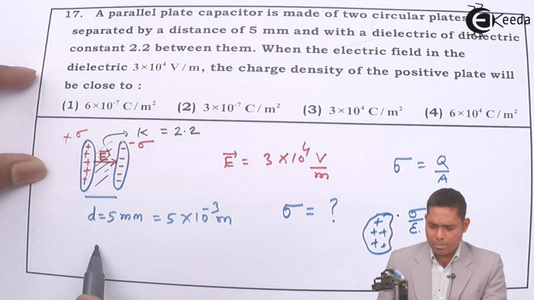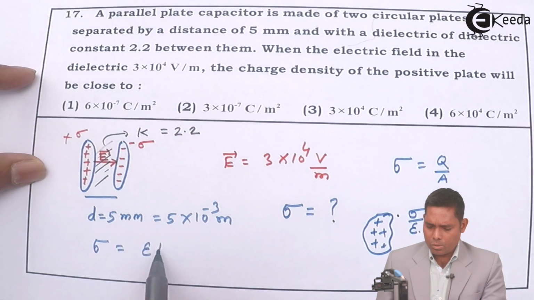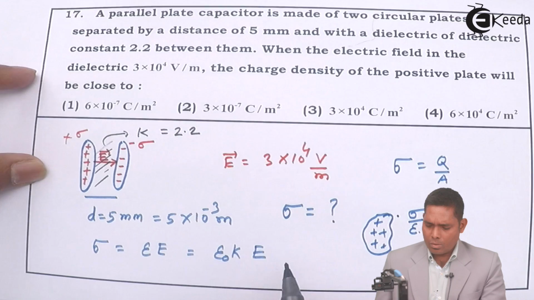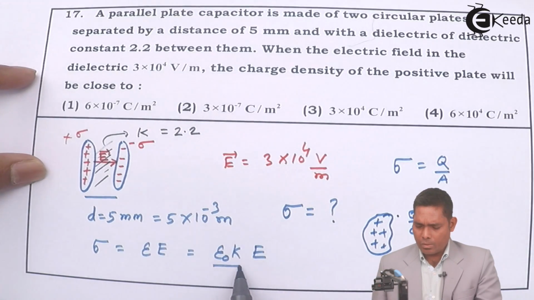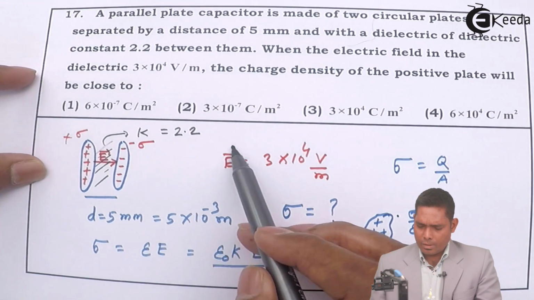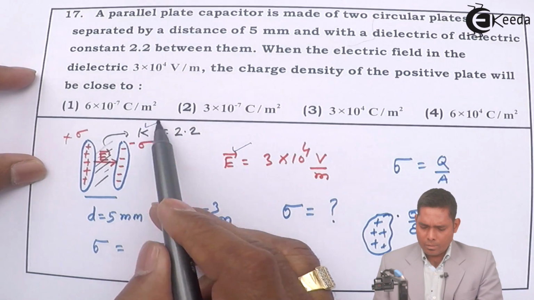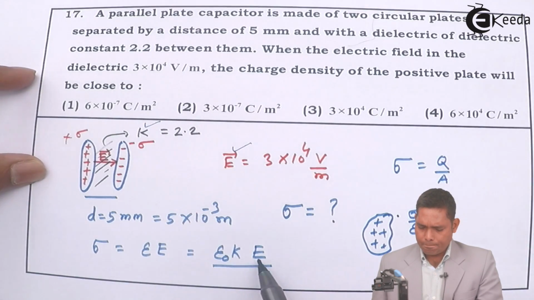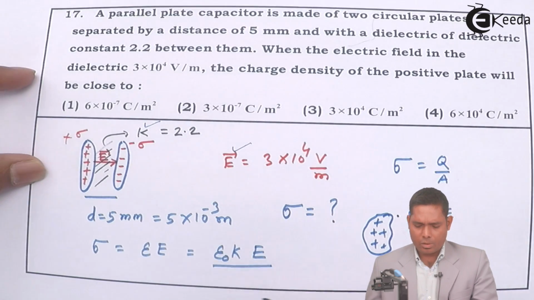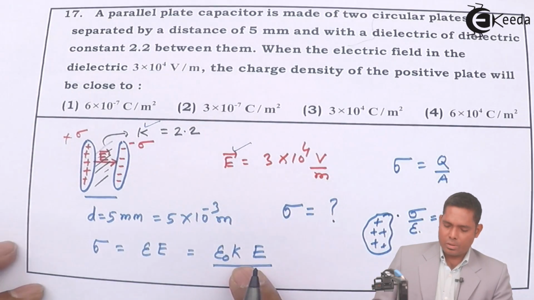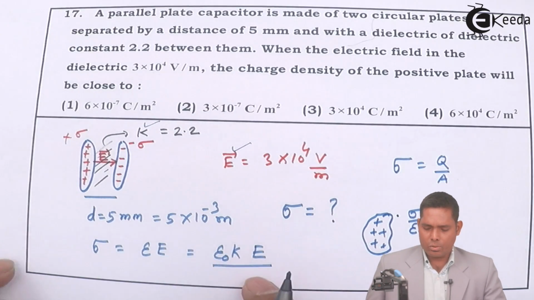So basically sigma will be epsilon into E, where epsilon is nothing but epsilon naught K. So these quantities are only multiplied. E is given, K is given, and epsilon naught is known to us. This formula is used to get the answer.